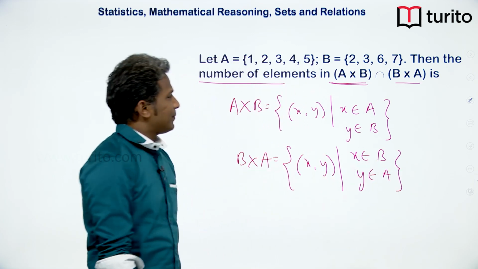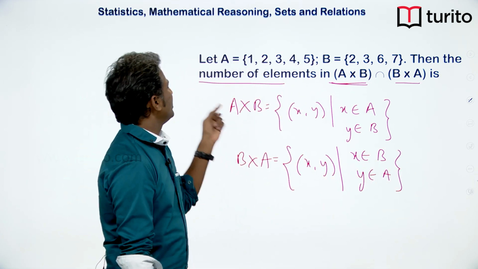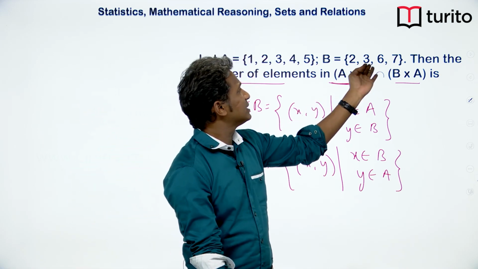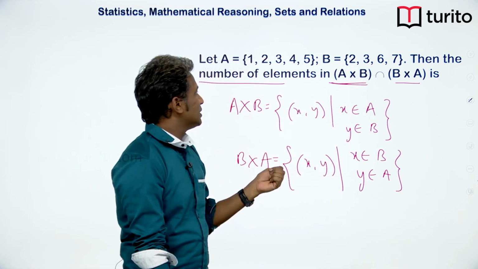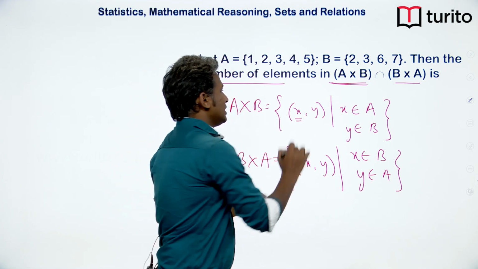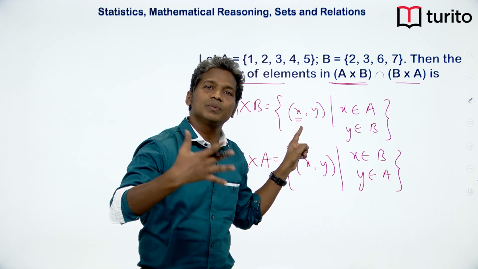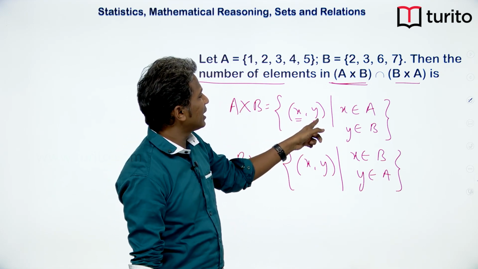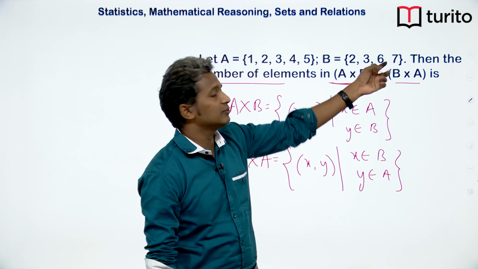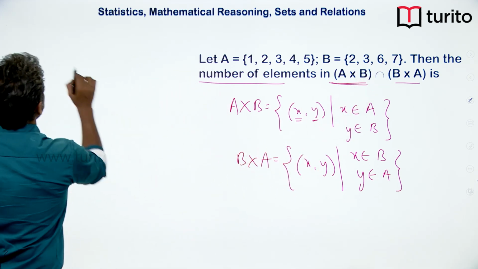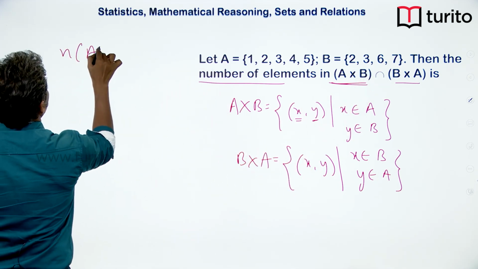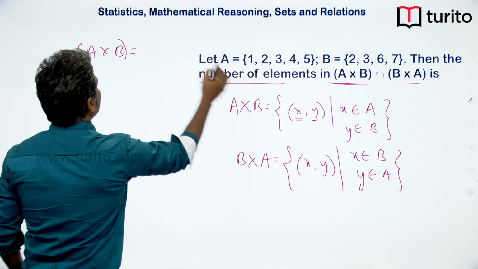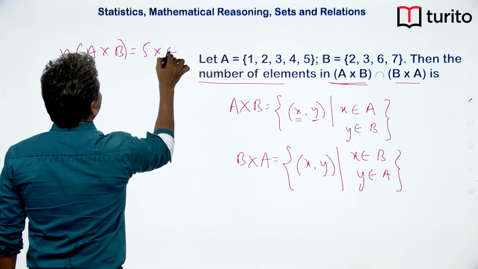Okay. Now, here if you observe, how many elements are there in set A? There are 5 elements. How many elements are there in set B? There are 4 elements. So, to select the first element x, how many options do we have? 5 options. Now, to select the second element y, how many options do we have? 4 options. So, we can straight away say that n(A cross B), the total number of elements in A cross B, will be 5 into 4.